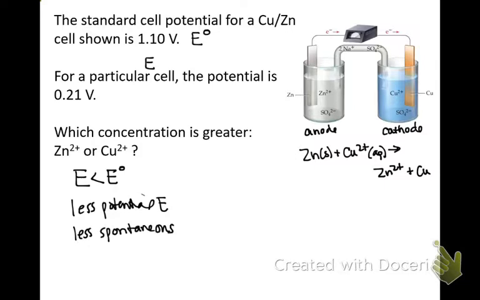And so what that might mean is that we have a lot more products than we have reactants. And so if we have more products than reactants, that means we're going to have more zinc ions than we have copper ions compared to standard conditions. Okay.